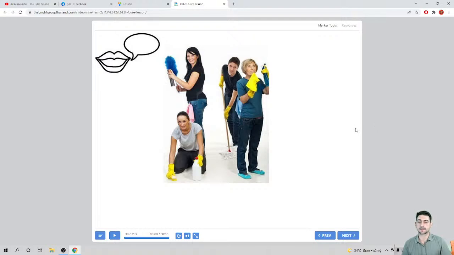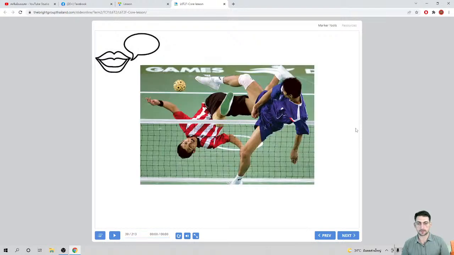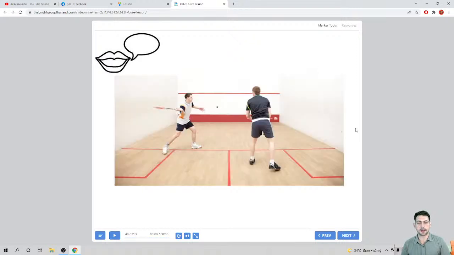Number 6, chores. Kick volleyball. And vocabulary word number 8, squash. Good job, class. Very, very good.